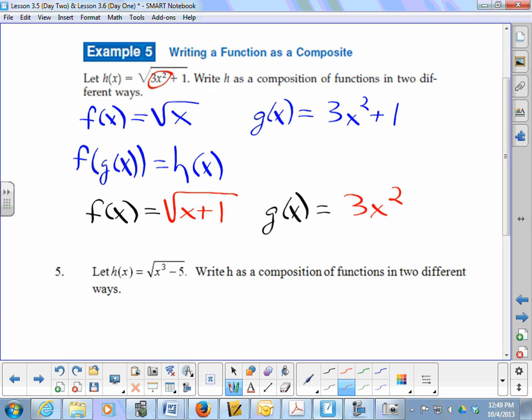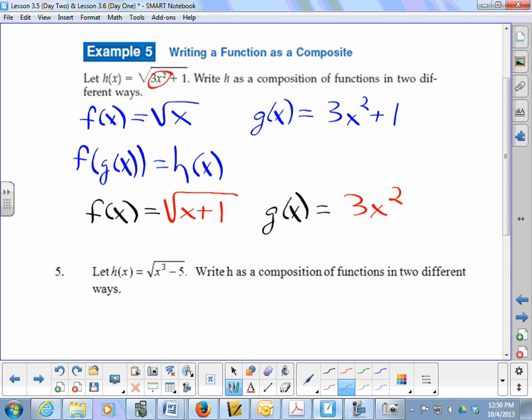Right? Because I want to replace x with 3x squared. So you always got to think, I have this function in there. Can I replace x with that? Remember, I'm always going to be substituting that g of x in for my x's. So there's two different ways I could do this.